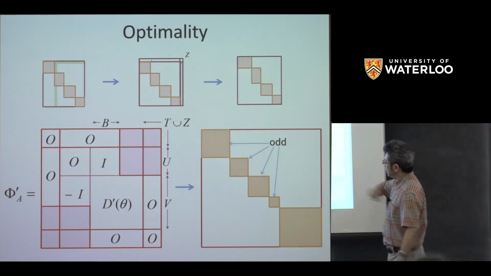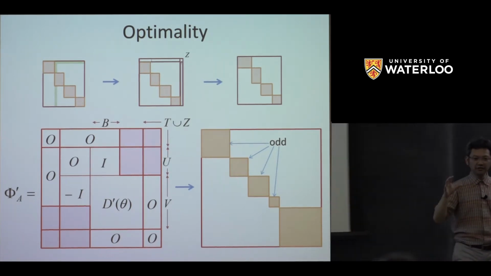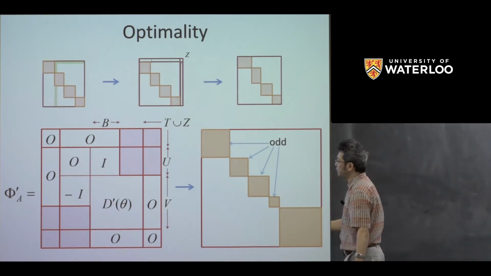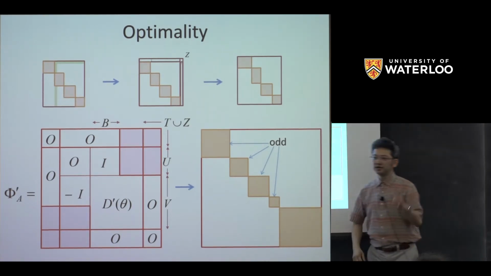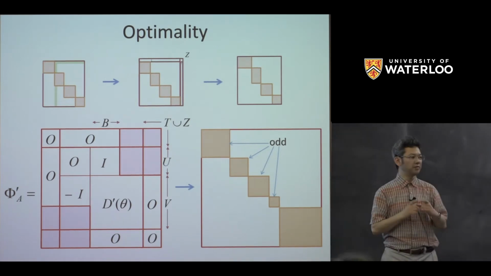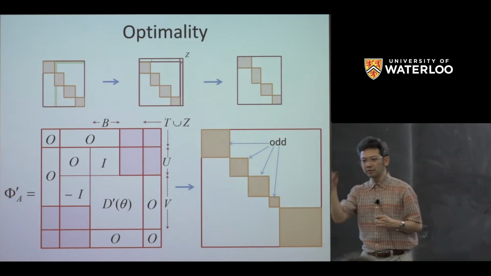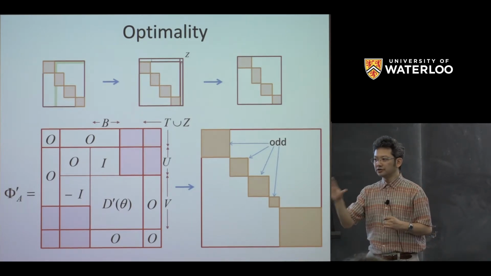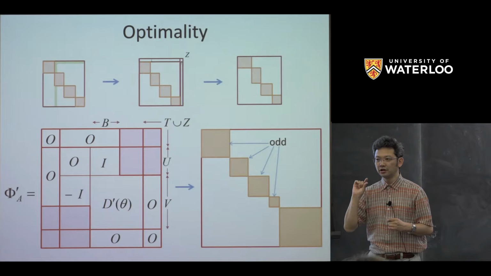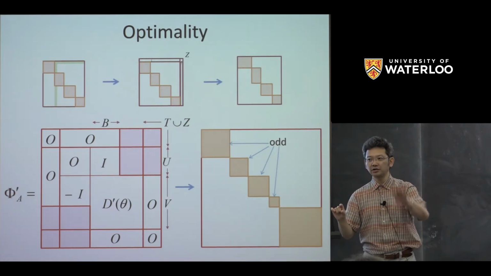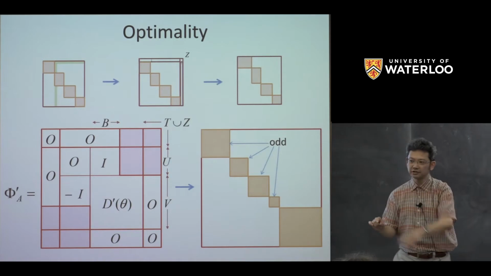Now, except for the part that is not reached by the search, all these components actually become odd size skew symmetric matrices. Why is this so? So basically, we have two types of components. One is a component that contains source lines, and the other one is the component that doesn't contain source lines.